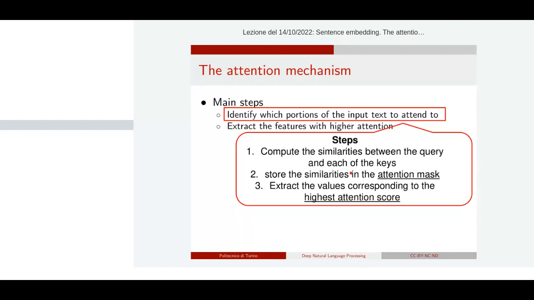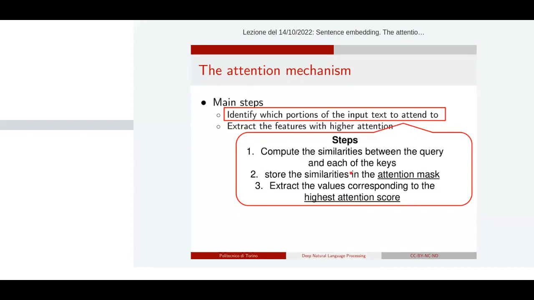We define the query according to the content we are going to describe, the current position we are going to describe, typically a word or even a combination of words. Then we compute the similarity between the query and each of the keys in the index of my source data.